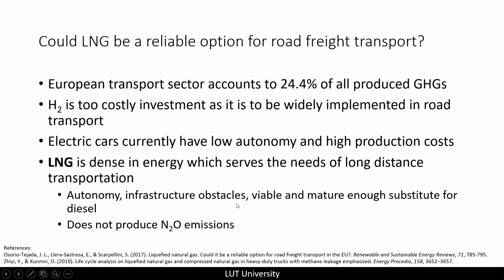And what is more interesting is that it does not produce N2O emissions, since it doesn't need the converters that are present in the diesel engines, because LNG produces little to no nitrous oxide emissions.